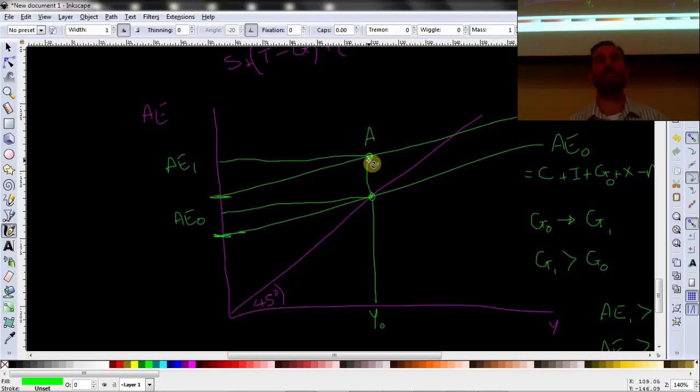So if prices are fixed and firms are selling more output than what they anticipated, what do they do? Okay, so they start producing more. As firms start producing more, output starts increasing. As output starts increasing, what do we do? We start moving up to the right along our aggregate expenditure curve, and we move rightwards until we reach our new point of equilibrium.